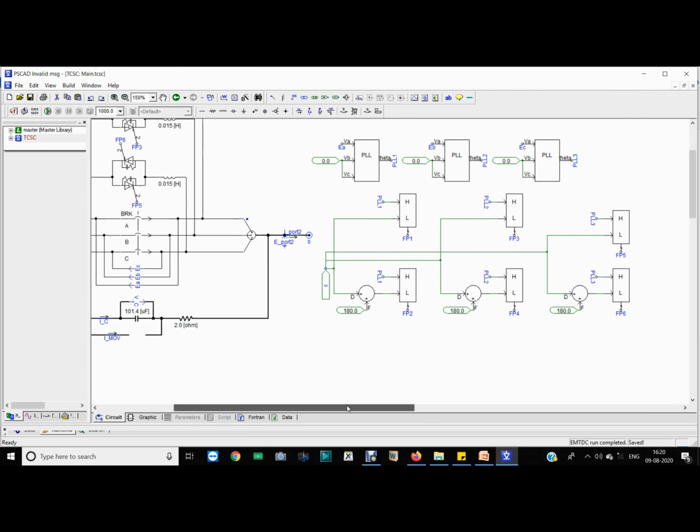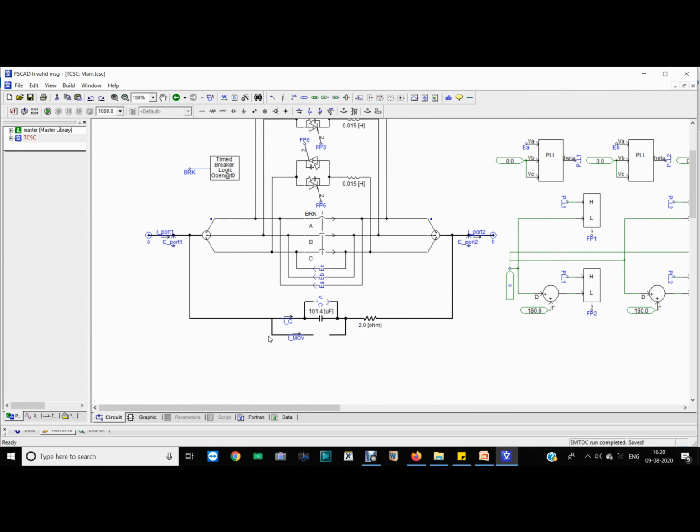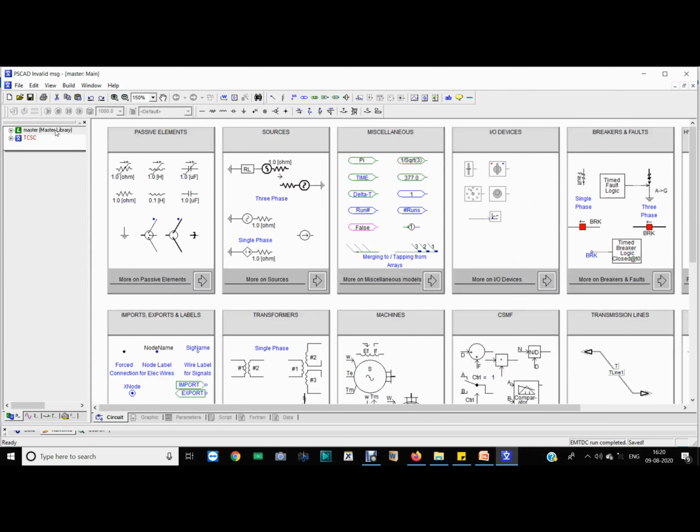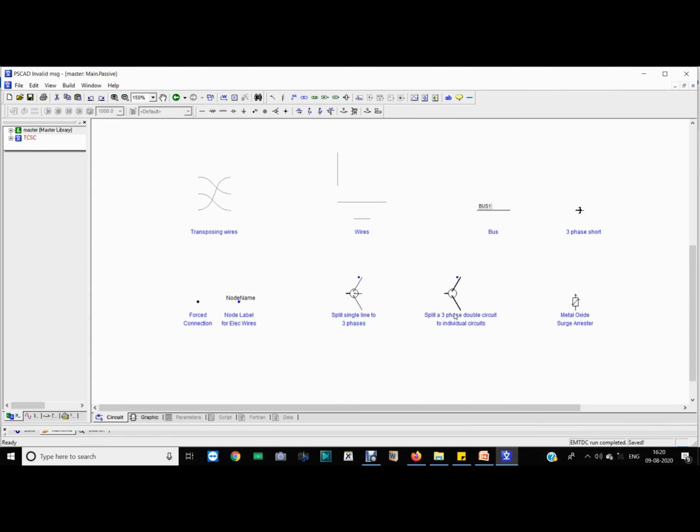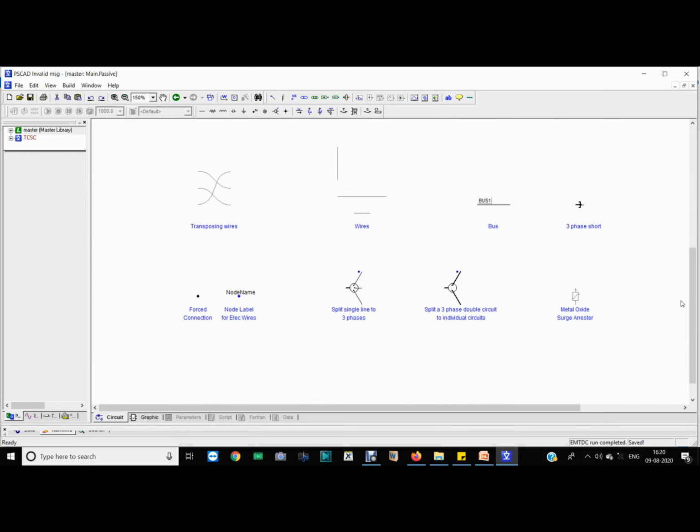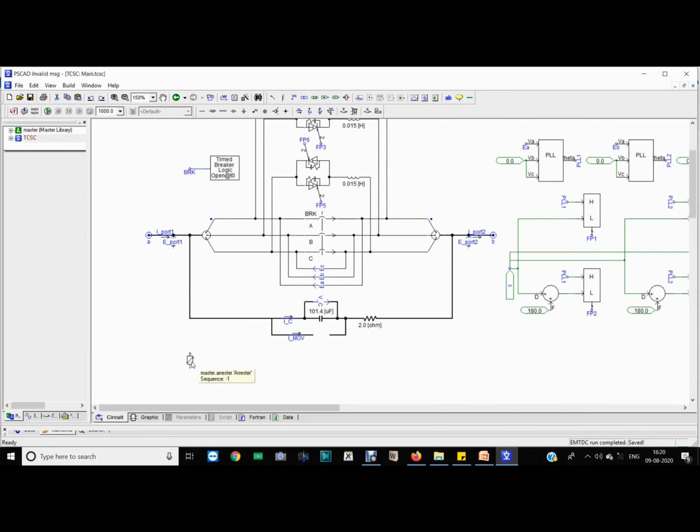Okay, now for the MOV, where do we find it? In the master library, go to passive elements, and you will find the metal oxide arrester. This is nothing but a MOV.